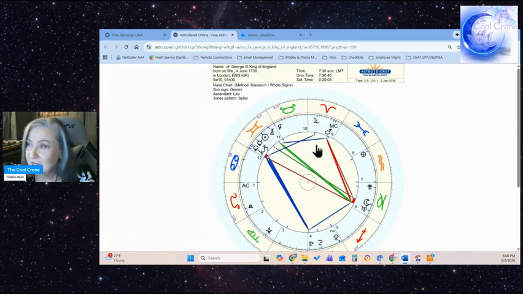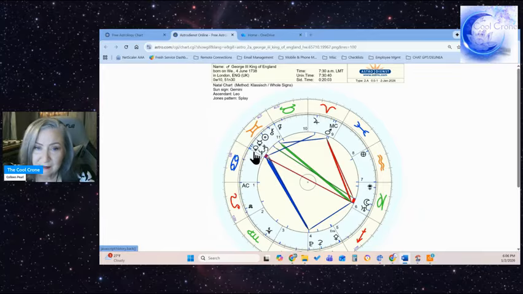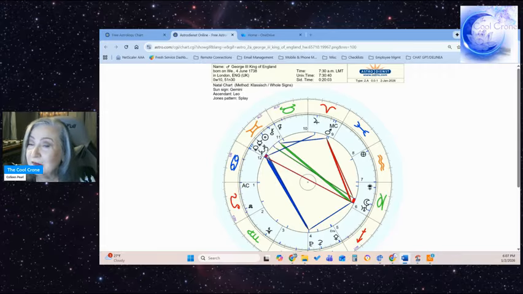Now, George has Venus conjunct Saturn. Here's Venus, along with Mercury, Neptune, and Chiron. He has a stellium in Gemini, that is very interesting. Saturn represents boundaries and limitations, conjuncting Venus, which is what you love and value, your relationships with women, money, and healing.